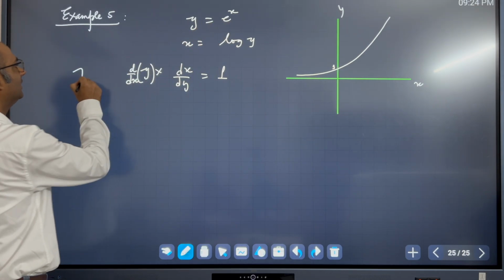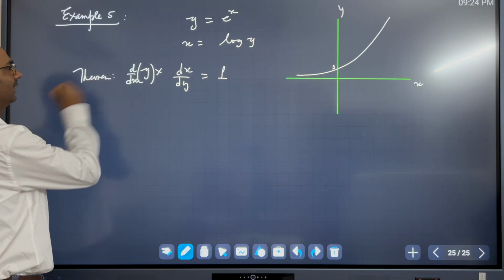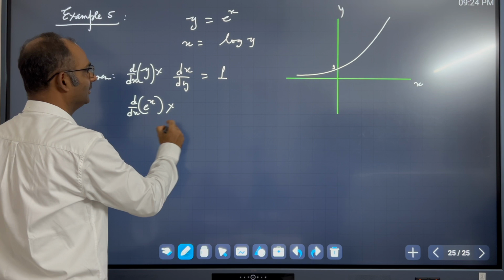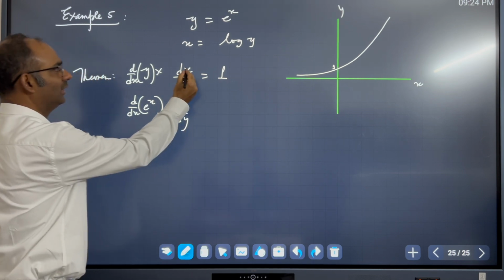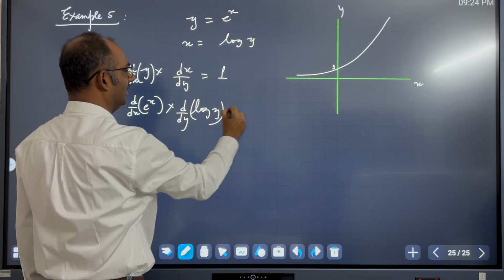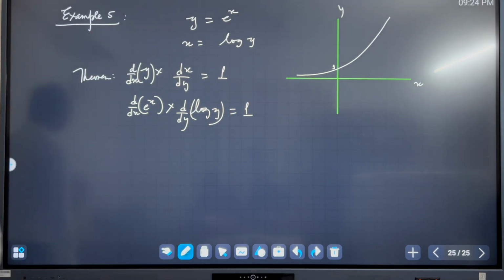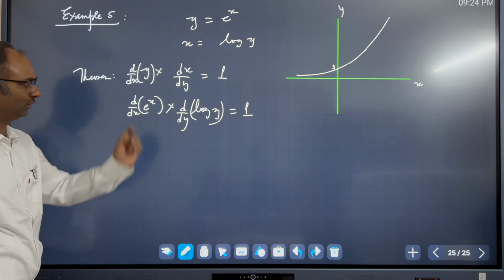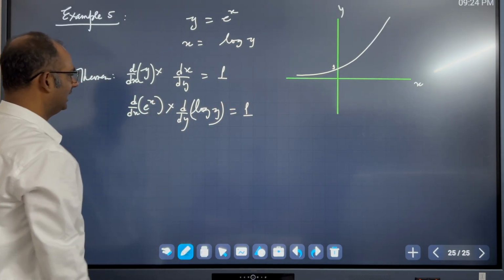So using this theorem, beautiful, lovely theorem, this is d over dx e to the x, times d over dy of x, and x is log y. That product should be equal to 1. So d over dy of log of y is equal to 1 over d over dx e to the x.